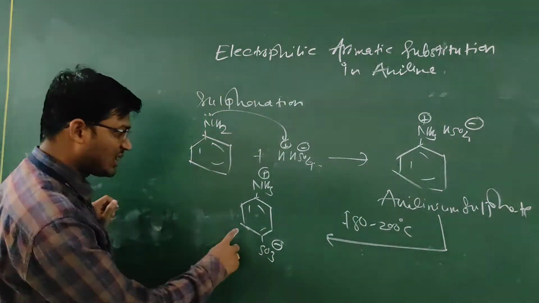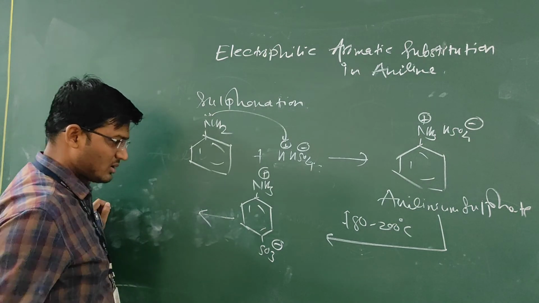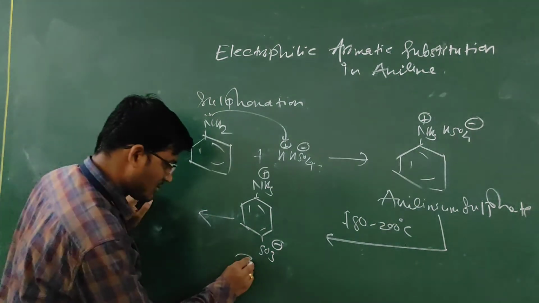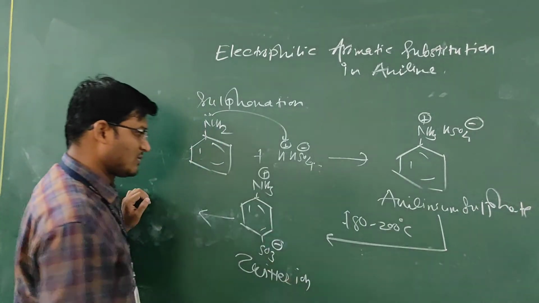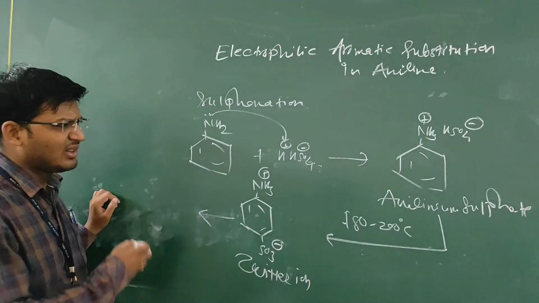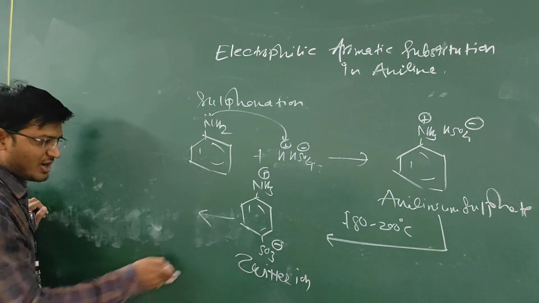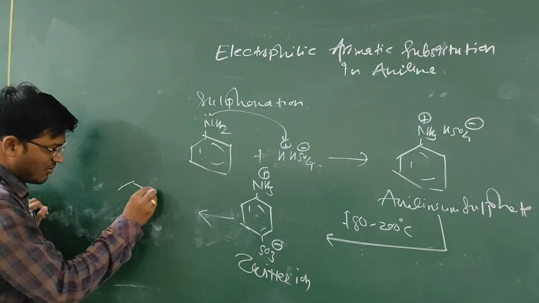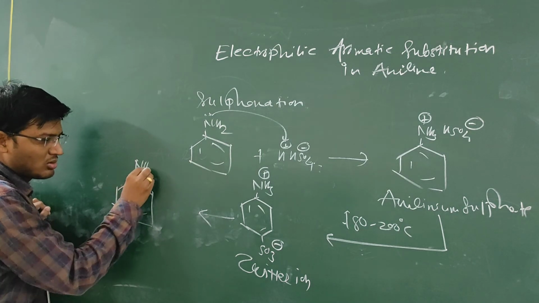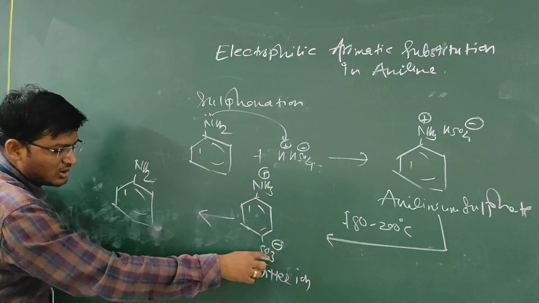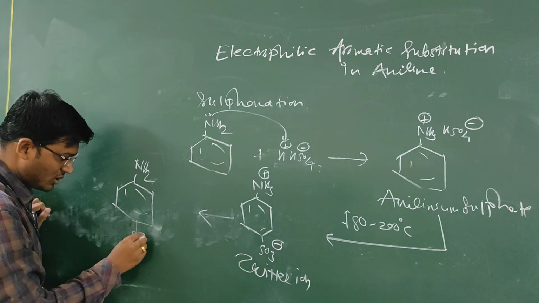This is a zwitterion. This zwitterion rearranges to form sulfanilic acid. The SO3 negative takes the H positive and forms SO3H.